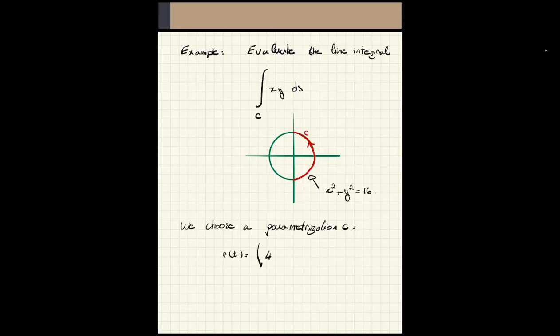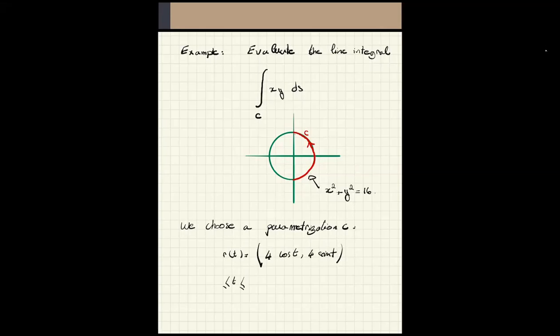So it's 4 cos t, 4 sin t, and t is always between... you have the choice here. It really depends on you. You can go from 3 pi over 2 to, but you have to go past 2 pi.